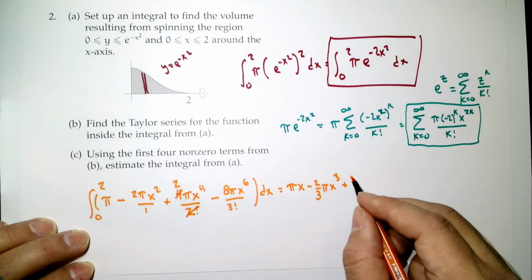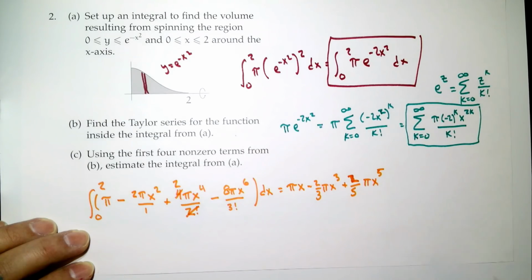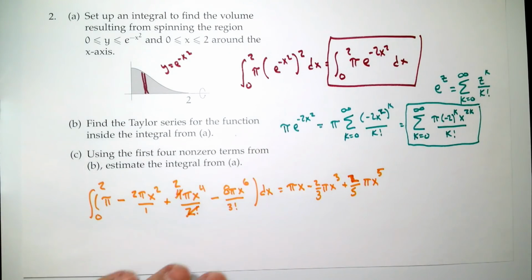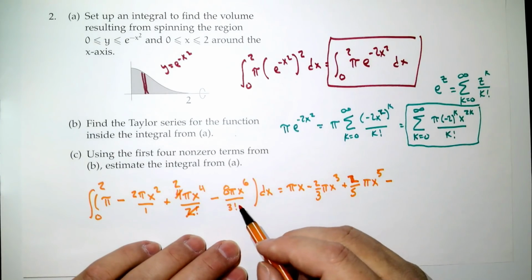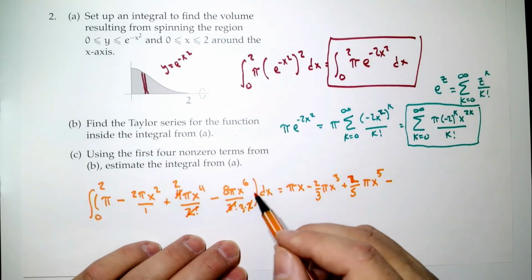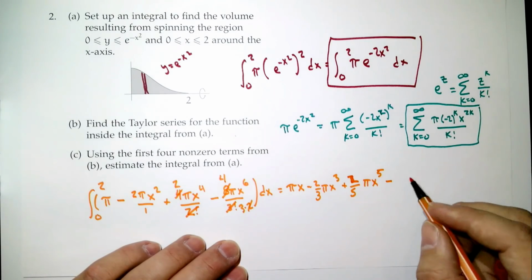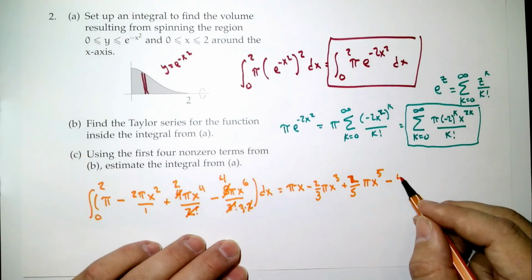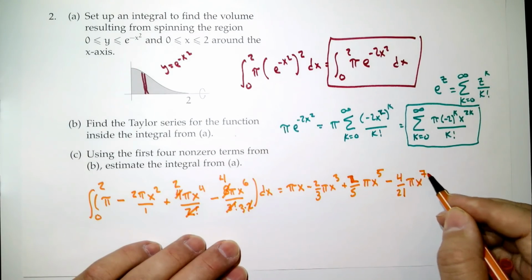So plus 2 fifths pi x to the 5th. And then for the last one, we're going to have minus, before we go too far, 3 factorial, that's really 3 times 2. And I can divide through here to make that a 4. So it's going to be minus 4 over 21 pi x to the 7th.